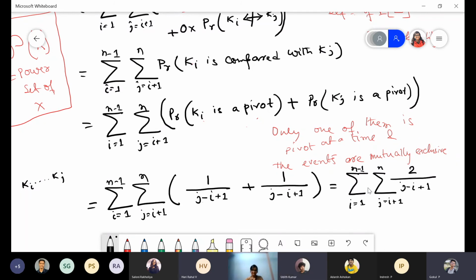Can you explain again why you're taking j minus i plus 1? Someone of you already told me how many elements are there inside this range. Yeah, but why are we considering inside that range? Because here we are taking one particular event.